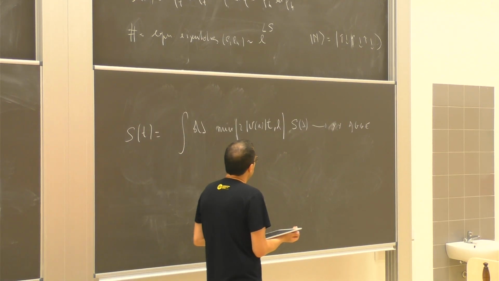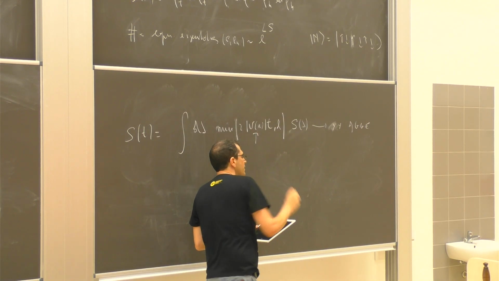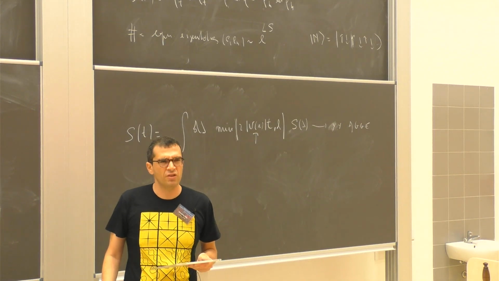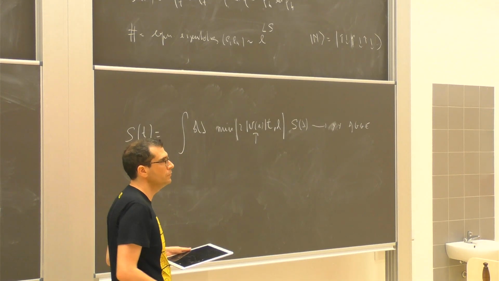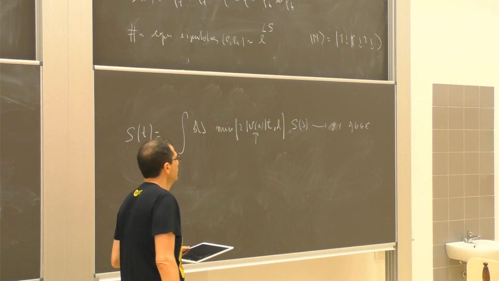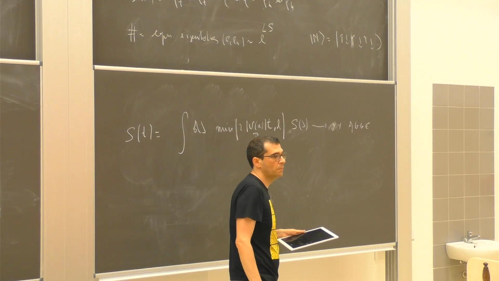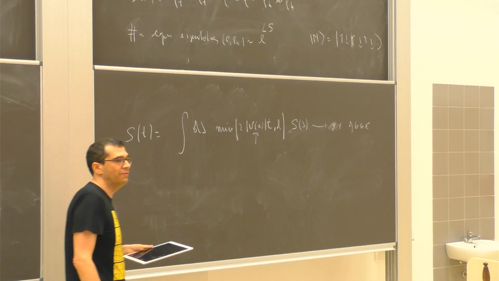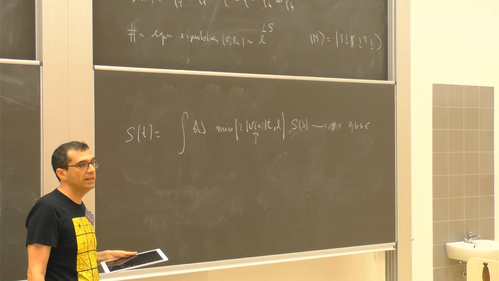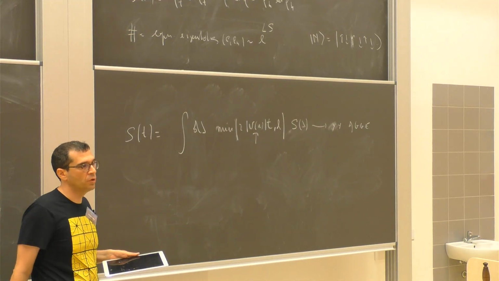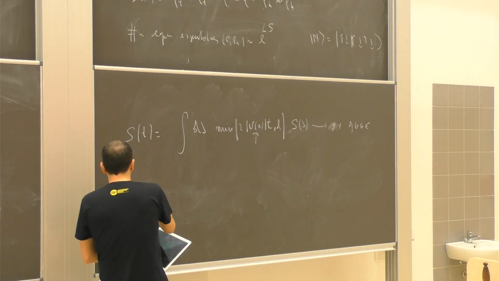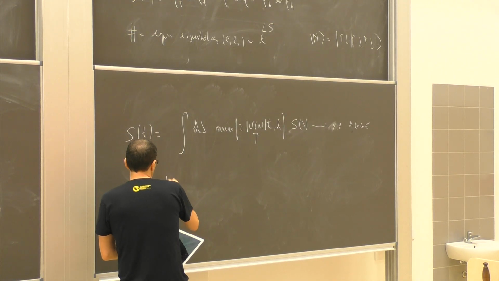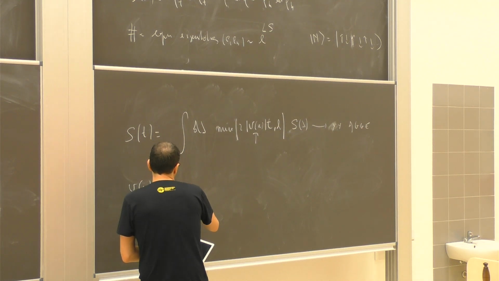Here there is an interesting part. What is this velocity? I take 2-3 minutes and I'm done. So what is this velocity? In free fermions, the velocity depends only on the dispersion of the model. So v of k is equal to the derivative with respect to k of epsilon k.